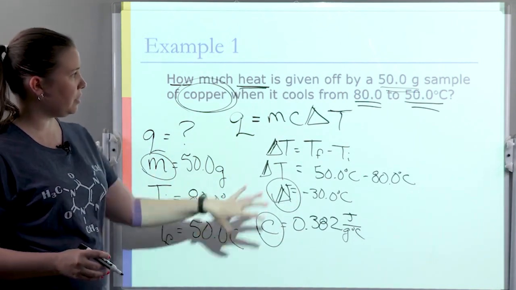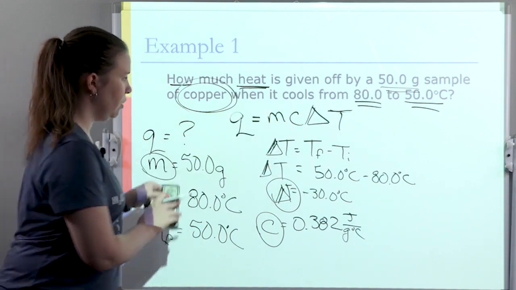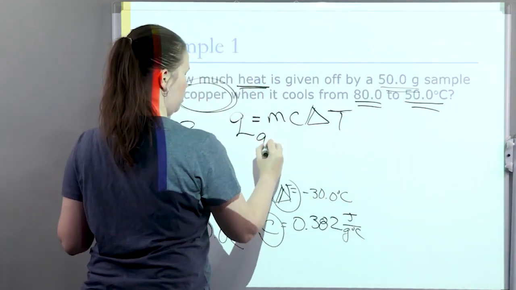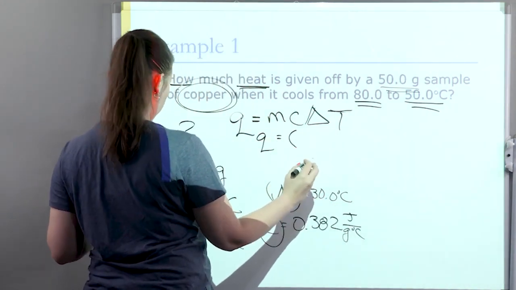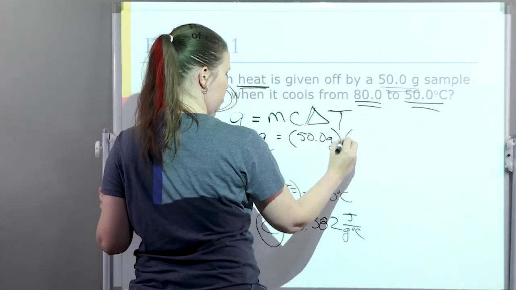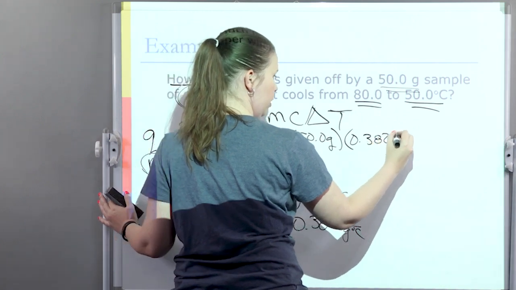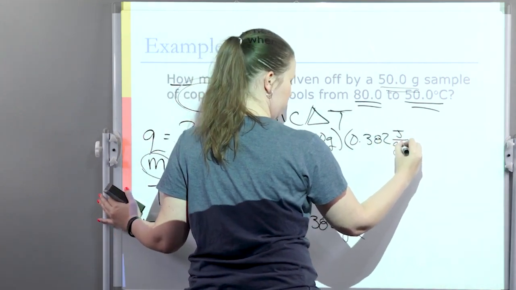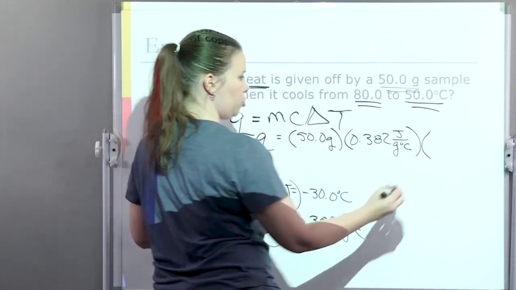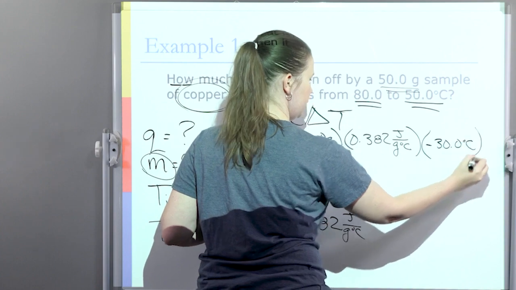So now I can plug these things into Q equals MC delta T. I'm going to make a little bit of room here. So Q equals the mass, which was the 50 grams, the specific heat, which was 0.382, a number we looked up based on the substance being copper, and then the delta T, which we found to be negative 30.0 degrees Celsius.